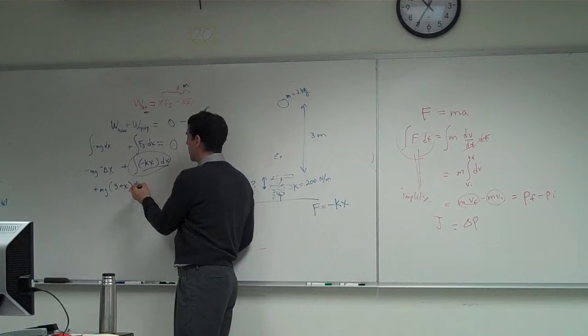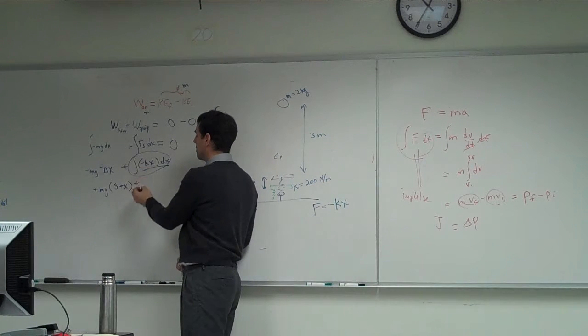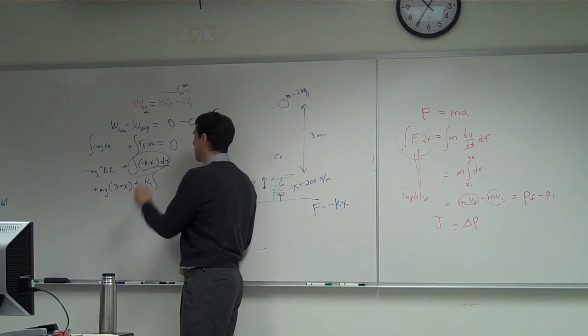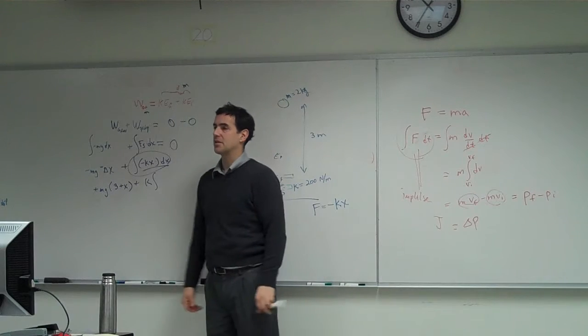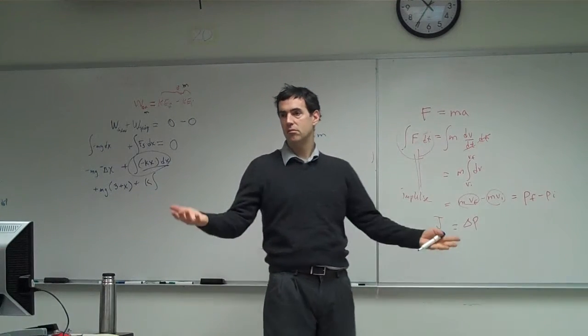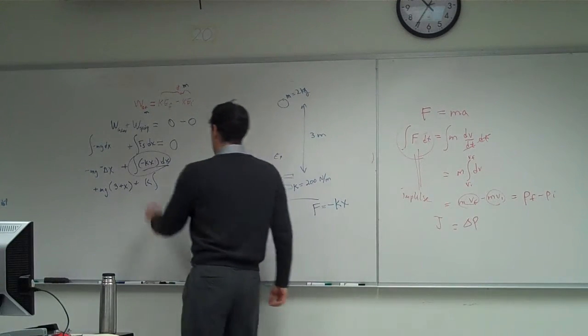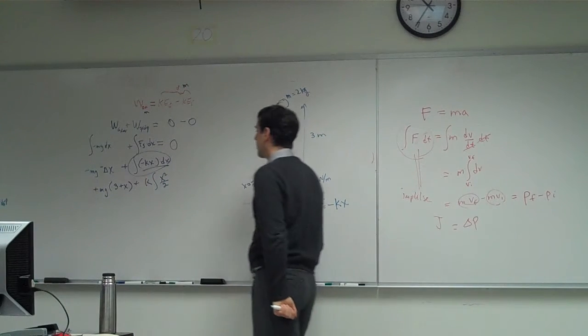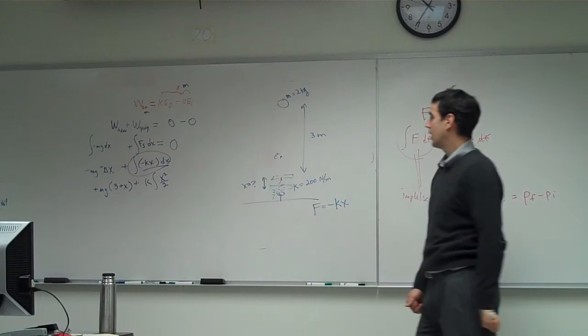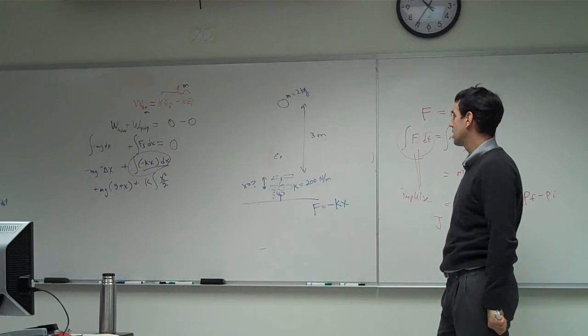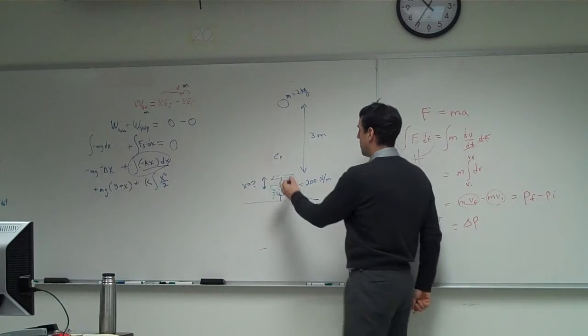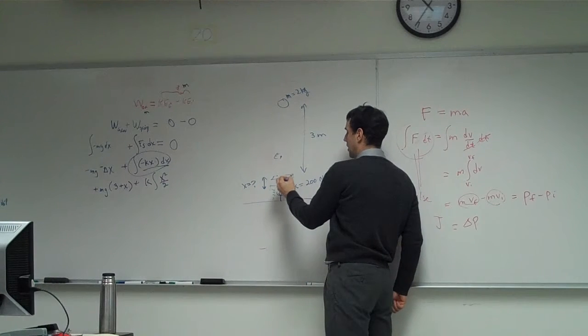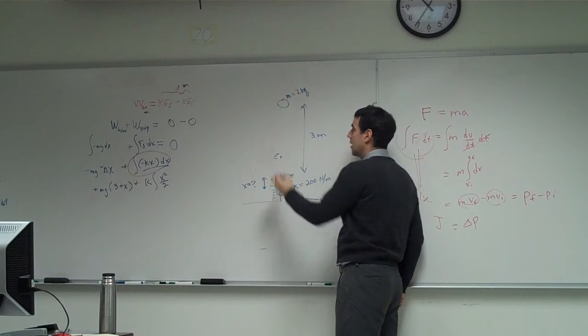Let's evaluate this integral. K is a constant, so the k comes outside, and the integral of x dx. And my limits, well, I'm going from this to there.